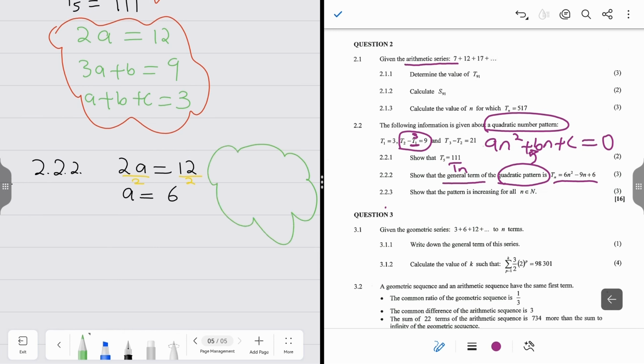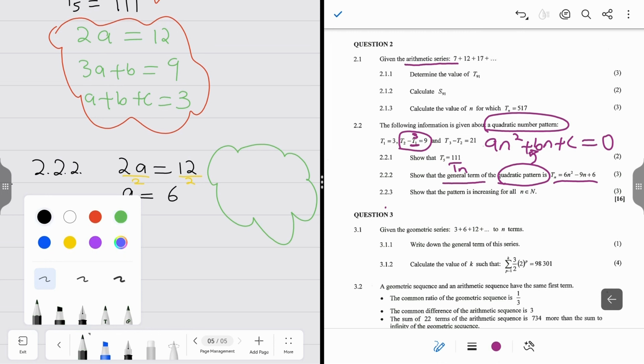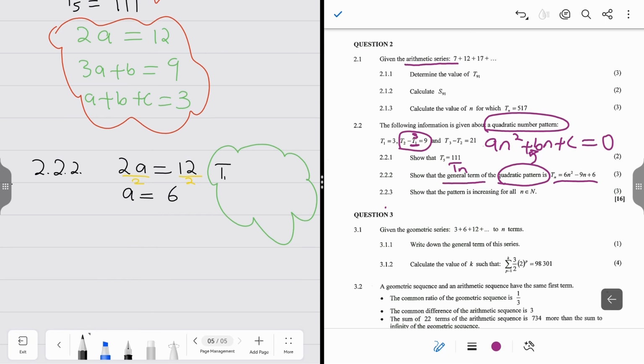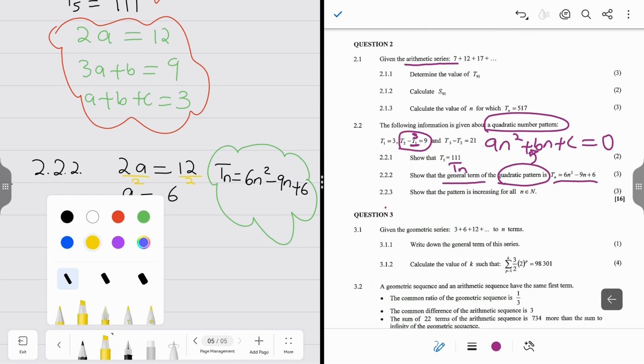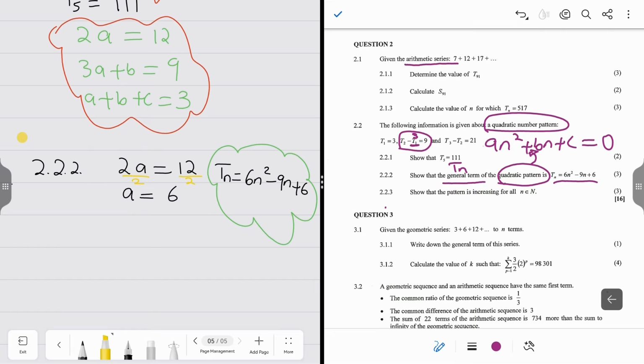I always say I have to find what they want. So they want me to find Tn equals 6n squared minus 9n plus 6. When this happens, I'm already smiling to say that, oh, I'm managing to get some. So when I say a is 6, I have ticked the box. My a is equal to 6. I found that, and that is correct.